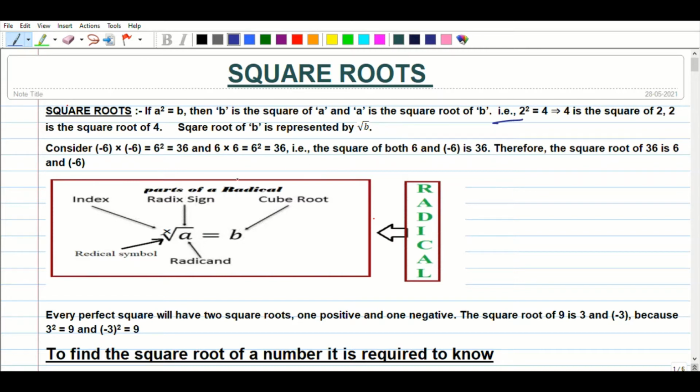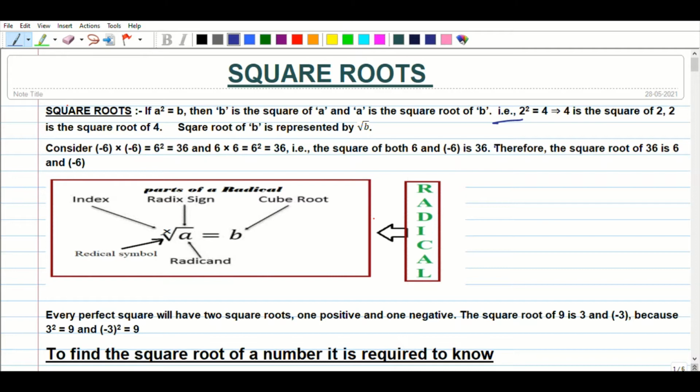Consider minus 6 into minus 6 equals 6 square equals 36, and 6 into 6 equals 6 square equals 36. That is, the square of both 6 and minus 6 is 36.